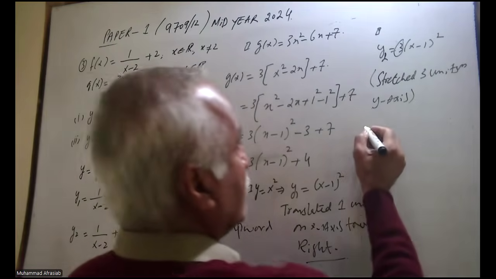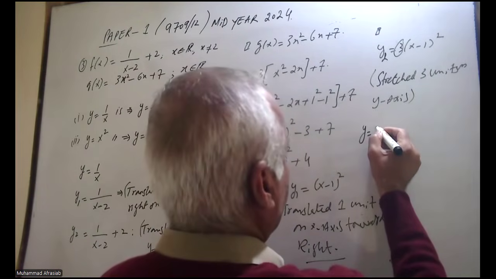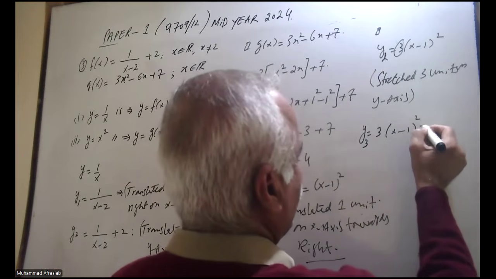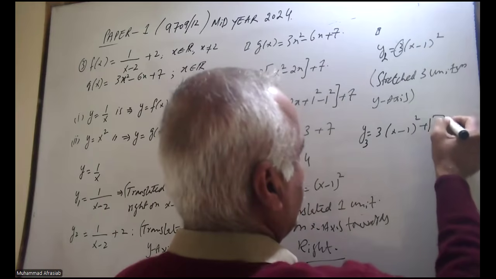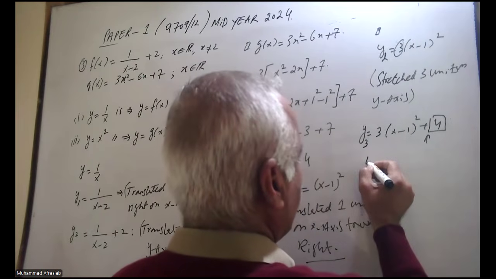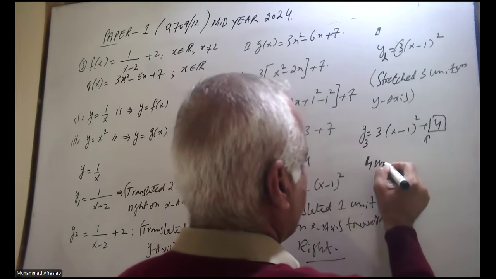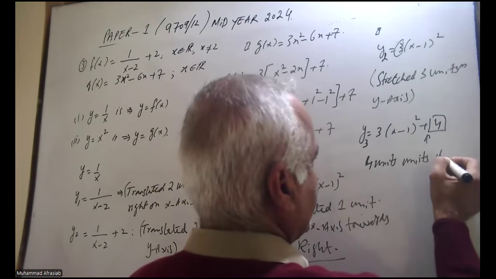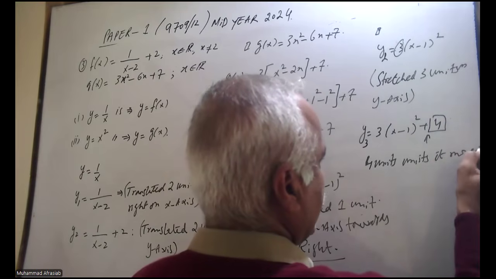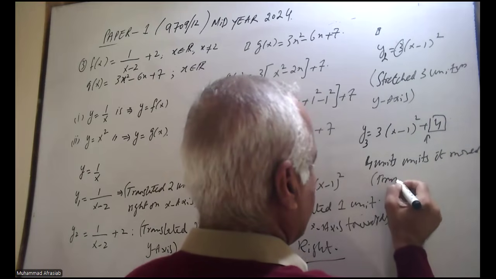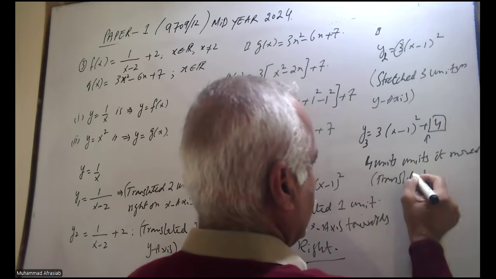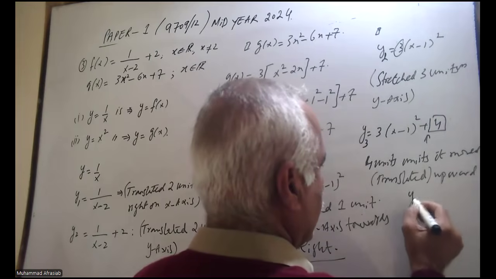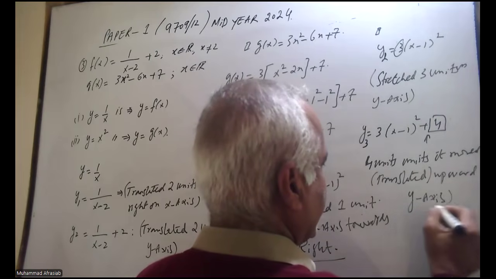And then the last is 3 into x minus 1 whole square plus 4. So that means plus 4 is what? It is 4 units moved or translated upward on the y-axis.